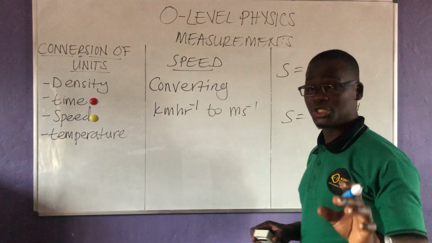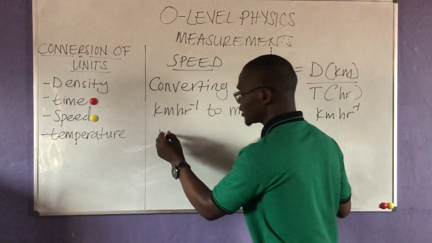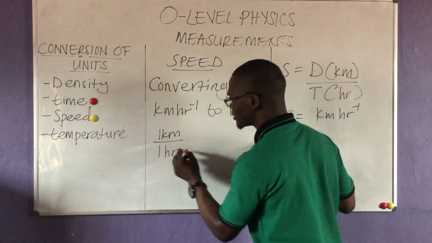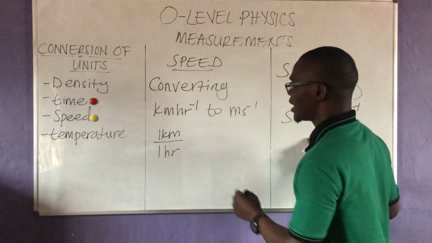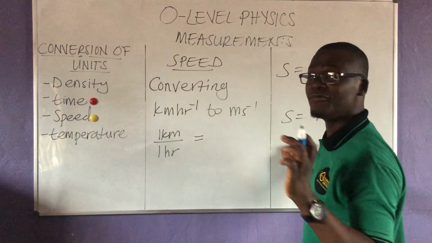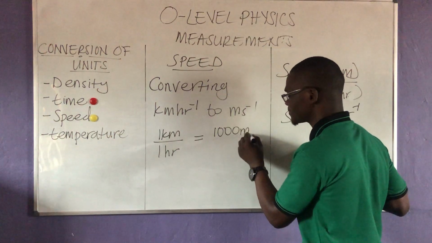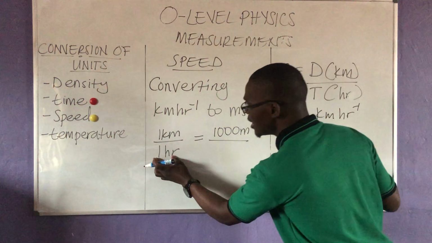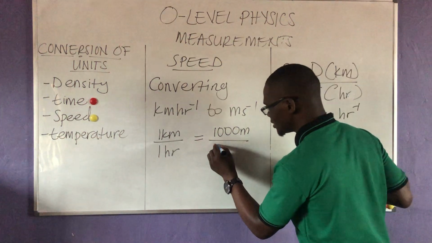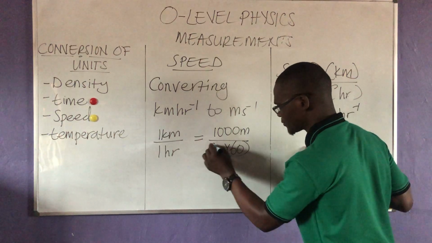Per means division, meaning that we are dividing 1 kilometer by 1 hour. And therefore, 1 kilometer is equivalent to 1,000 meters, and 1 hour is equivalent to 60 minutes times 60 seconds.